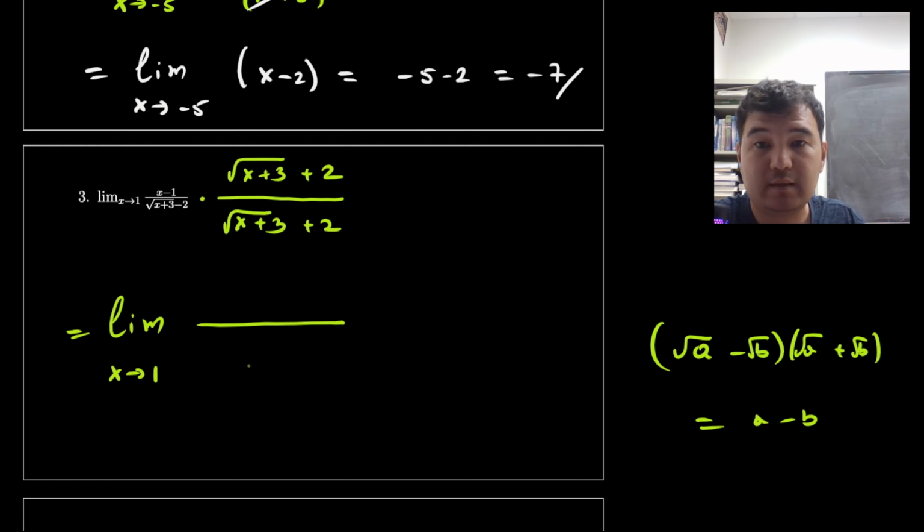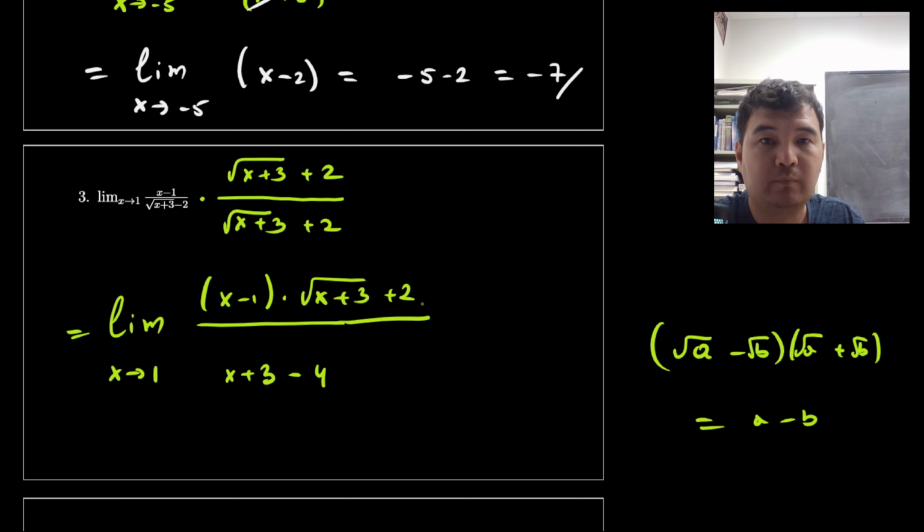So in this case, it's x plus 3 minus 4. In the numerator, we had x minus 1 already, multiplied by the square root of x plus 3 plus 2. Now we can cancel the x minus 1 and x minus 1, because x plus 3 minus 4 is just x minus 1.